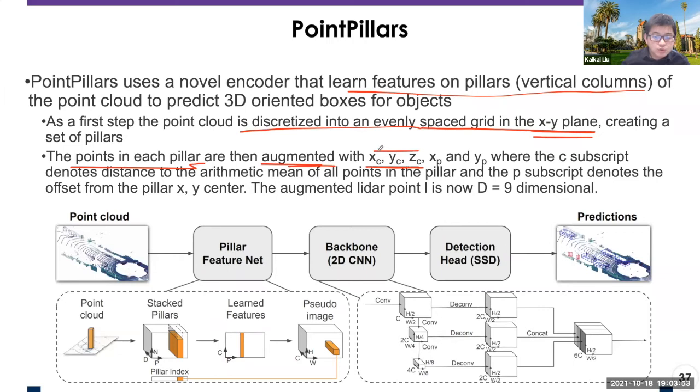In addition to this, they also add elements XP and YP, which is the pillar's XY center. You also add an offset for XP and YP. So previously the point is X, Y, Z. Now how many features for each pillar?